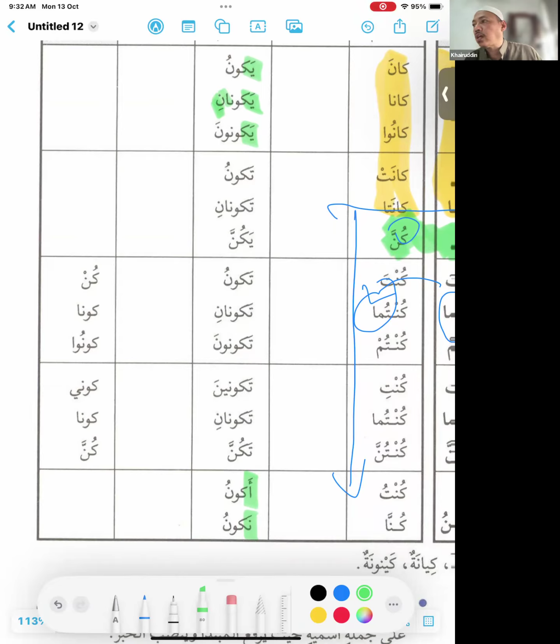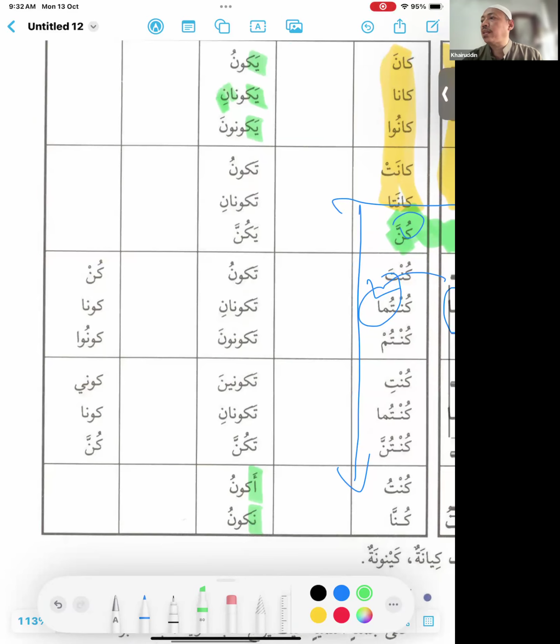So as far as you are concerned for now, just take it that it's yakunani, and this nun is an addition to the word form. Okay, hum yakununa. Again we add the waw al-jama', the waw here to show that it is plural, and the nun is again a ziyada, an addition.